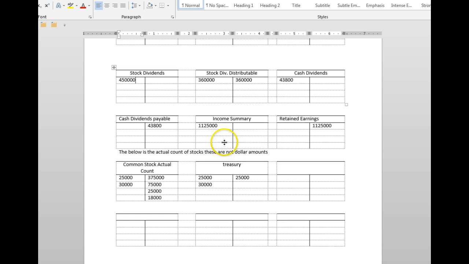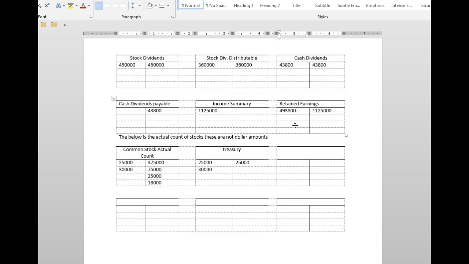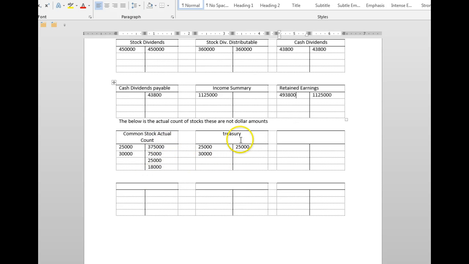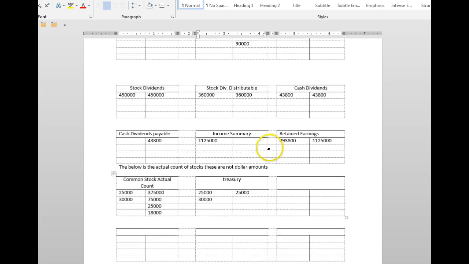My stock dividends here need to be closed, and here. And that's all going to end up coming down here for 493,800. And now you have T accounts. We should have a fairly good count of what we have out in actual accounts here.